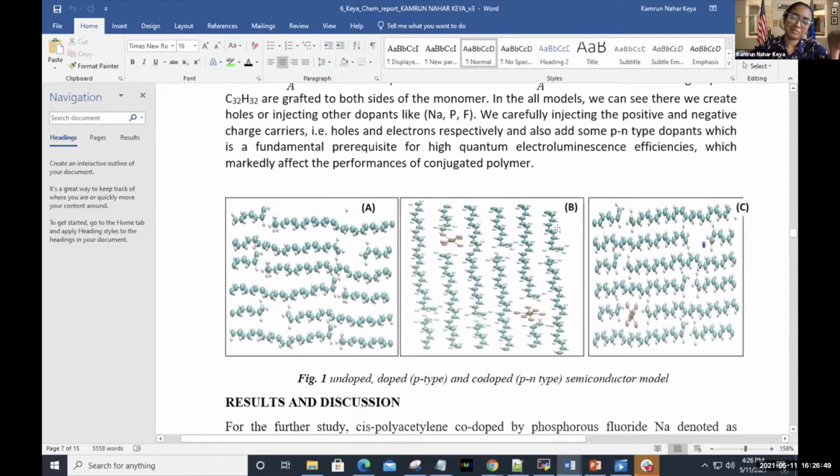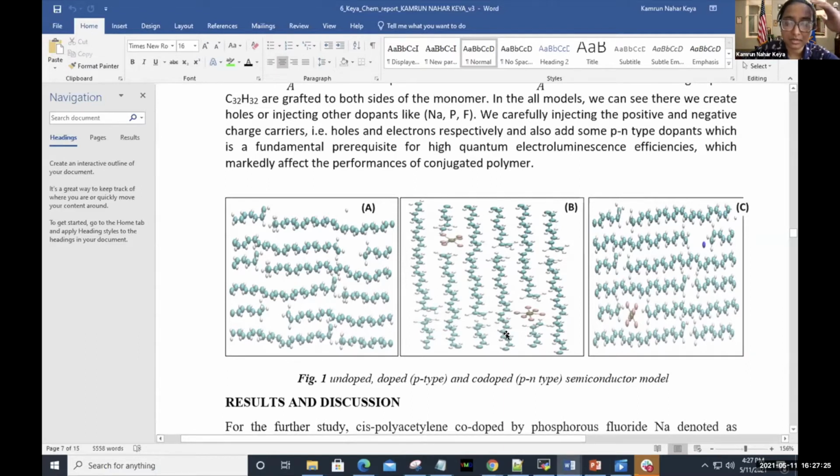In this class project, we actually choose three different kinds of models. One is undoped CIS polytetraline, then one is p-doped, and another one is co-doped, where we include sodium, potassium, and fluorine, fluoride.